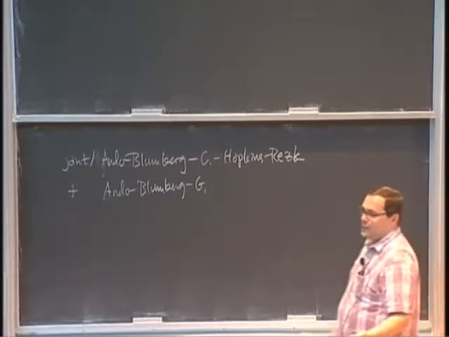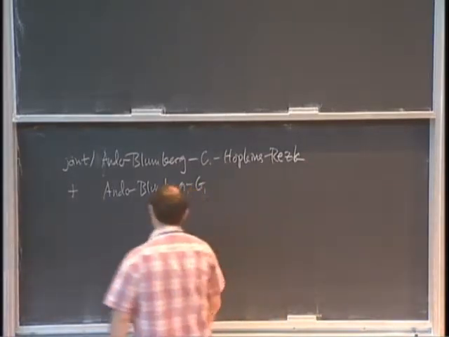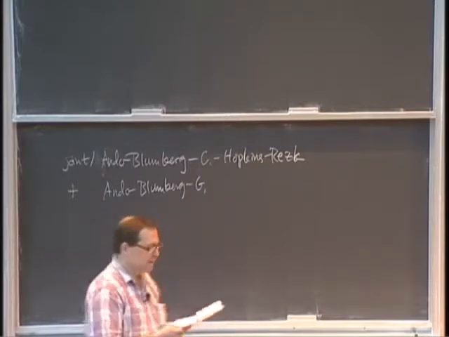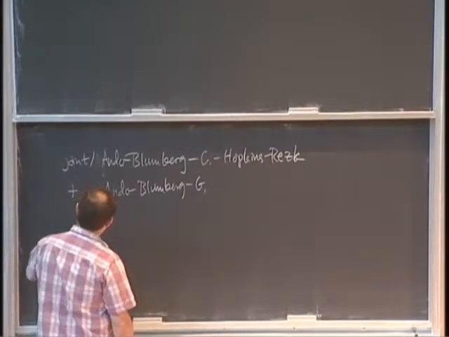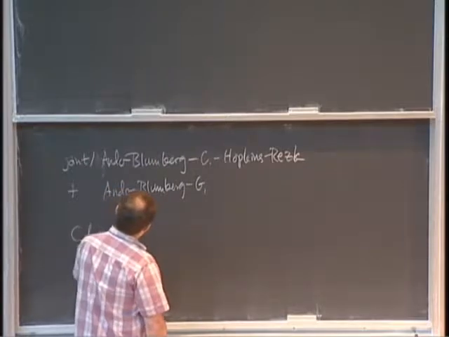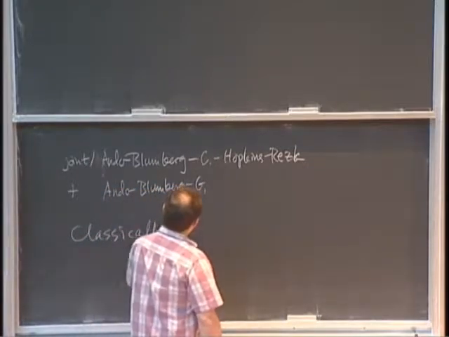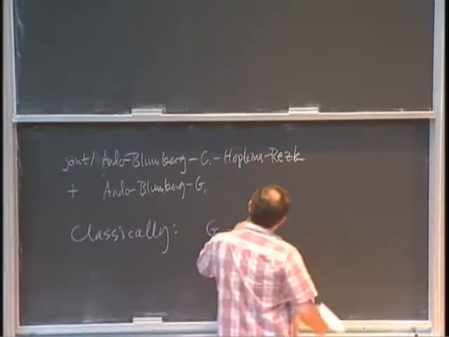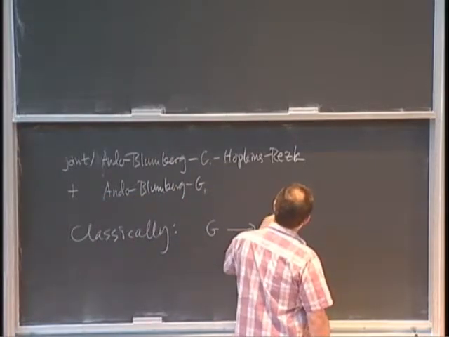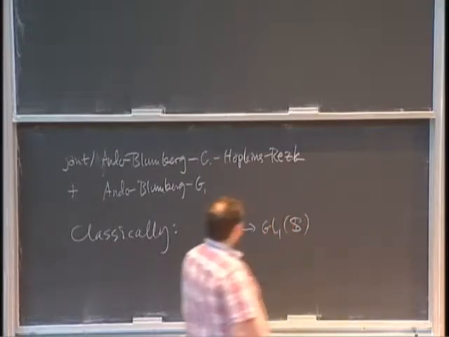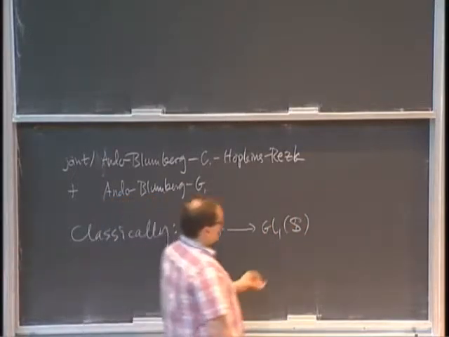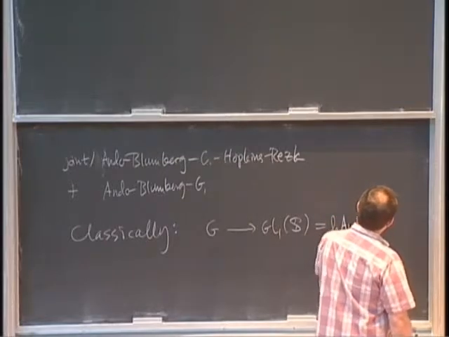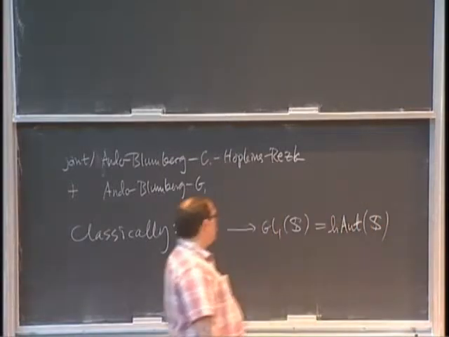So why do you care about Thom spectra? Well, they're important in algebraic topology for a lot of reasons. So classically, they arise in the following way. We have some group G that maps into GL1 of the sphere, which, if you don't know the definition, think of it as the homotopy automorphisms of the sphere spectrum.